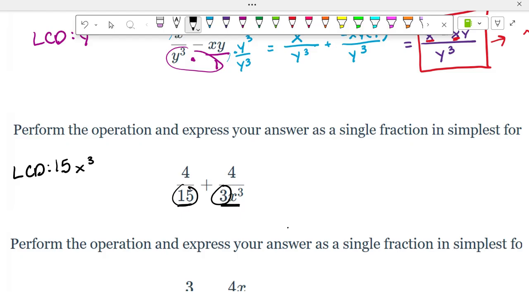24 will work too. Because what's 24 divided by 6? 4. What's 24 divided by 8? 3. So again, I'm looking for a number that when you divide it by those two numbers, it goes in evenly.